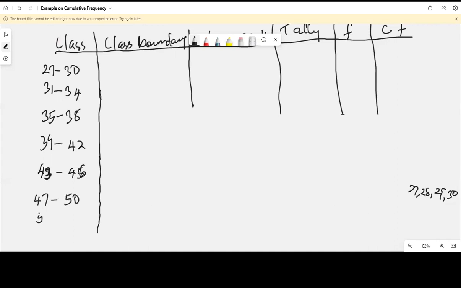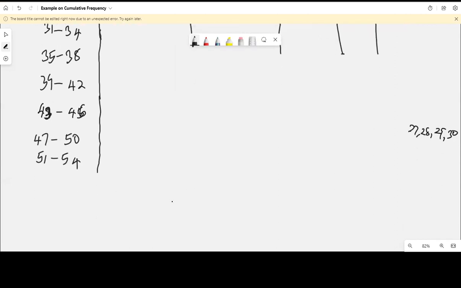The next should be 51, 52, 53, 54. The next should be 55, 56, 57, 58.